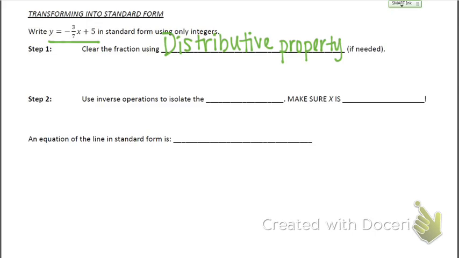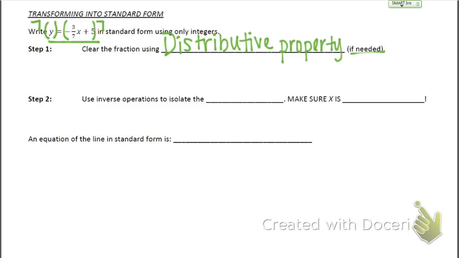And then it says if needed. This is only if there are fractions. So if you are given an equation of a line and the slope is not a fraction, you won't have to do this step. Okay? So I'm going to multiply both sides by 7 in the example. And whatever I do to one side, I have to do to the other.